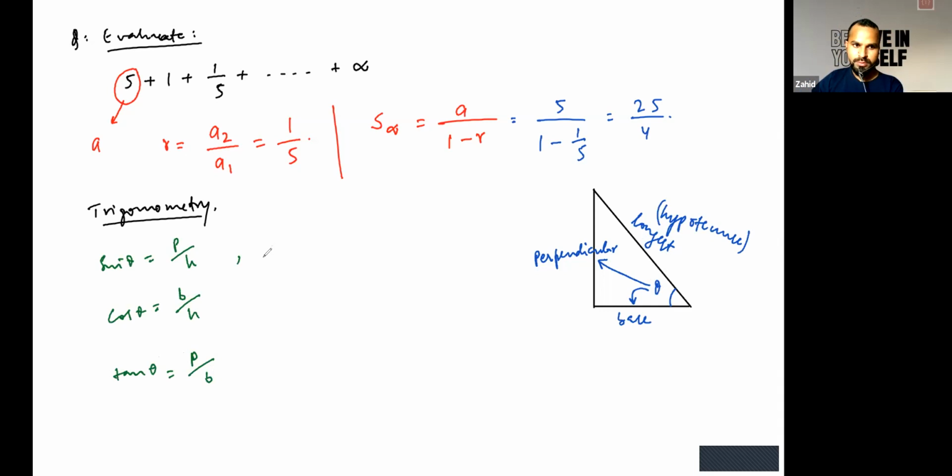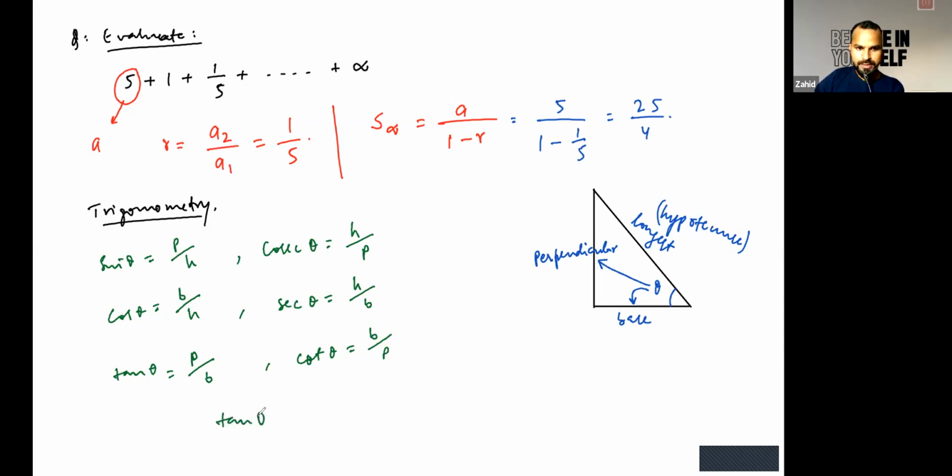Now 3 more, which are reciprocal to these terms. Cosec theta, reciprocal of sine, so it would be hypotenuse by perpendicular. Sec theta, hypotenuse over base, and cot theta, base over perpendicular.